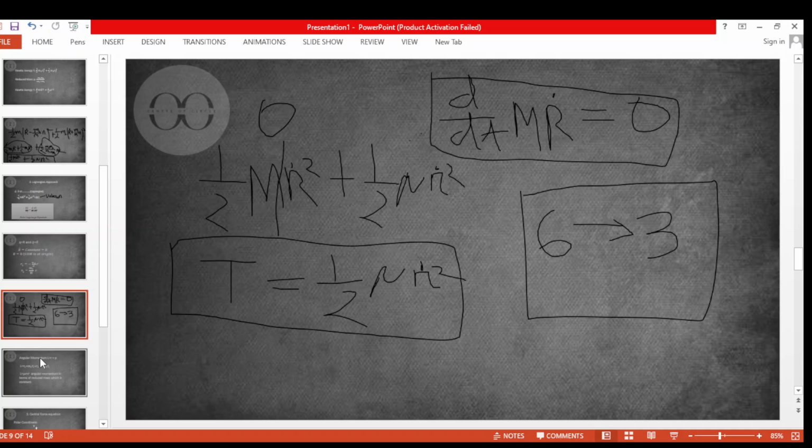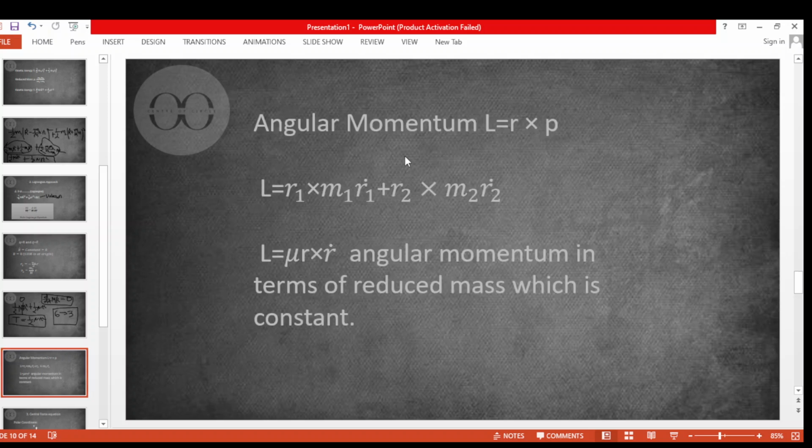Well, then we move into our next slide, which is the angular momentum. Why is angular momentum necessary? So as we can see, angular momentum is a cross product. A cross product gives a result which is perpendicular to our working plane.